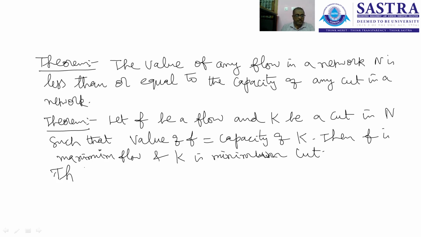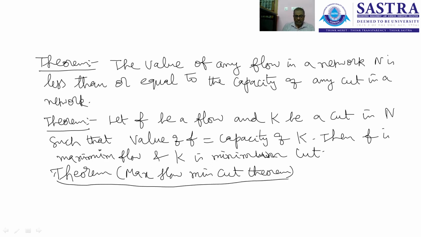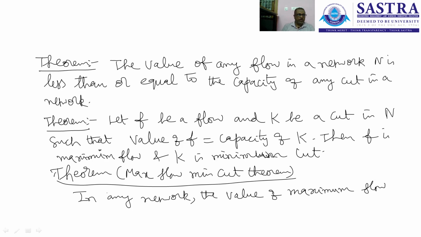It is like this: in any network, the value of the maximum flow is equal to the capacity of a minimum cut.